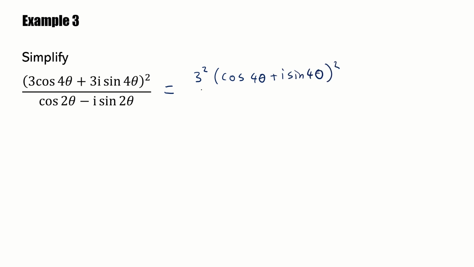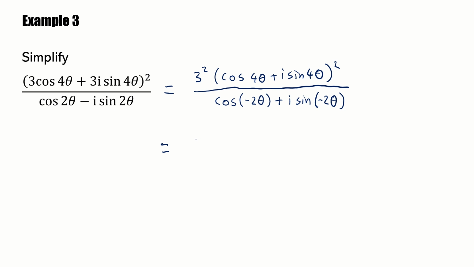And then on the bottom, we're going to be using that fact we've just looked at in the previous slide, which is that we can realize that this is secretly cos of minus 2 theta plus i sine of minus 2 theta, using those trig symmetry rules we were looking at before. The reason we've chosen to do this is because it now means we can use de Moivre's theorem to rewrite things a bit more.